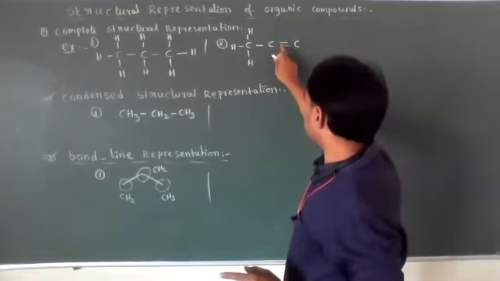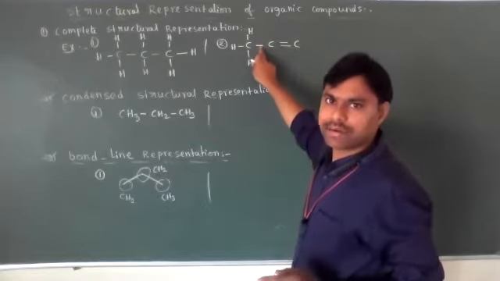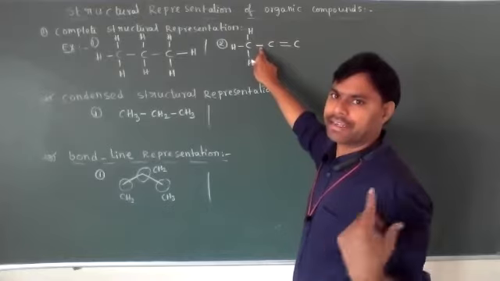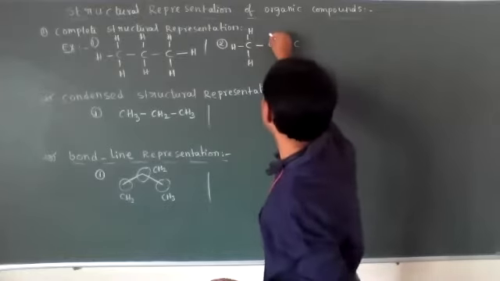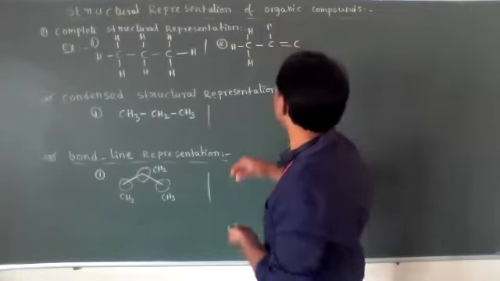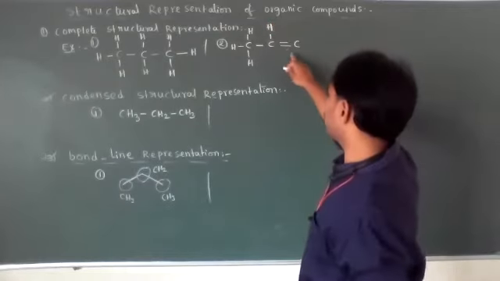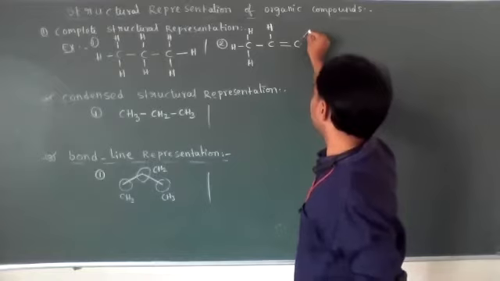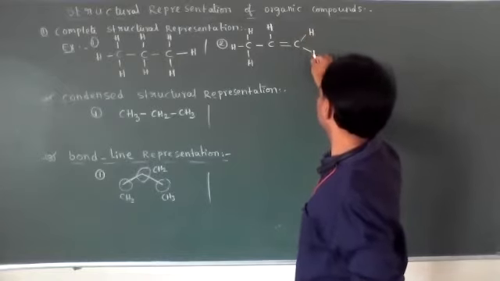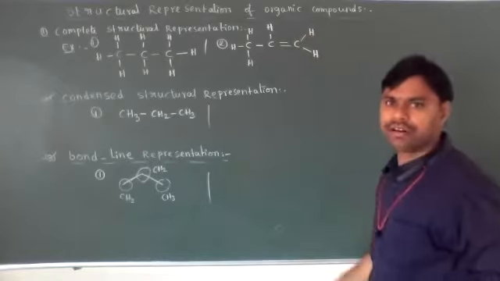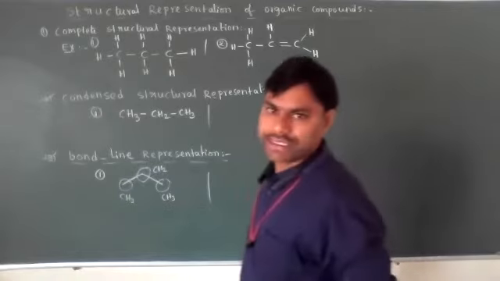Already two bonds are there, and this is one, so three bonds are over, and the remaining fourth bond is satisfied by a hydrogen atom. Here two bonds are present, then the remaining two bonds are hydrogen atoms. Now, what is this compound here, students?